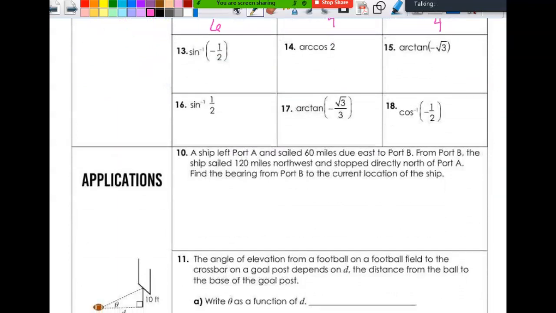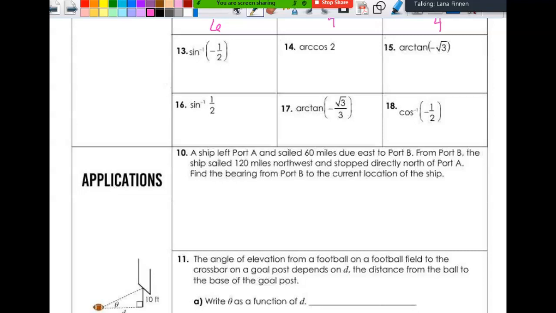And I'm going to let you help me. Okay, so sine inverse of negative 1/2.